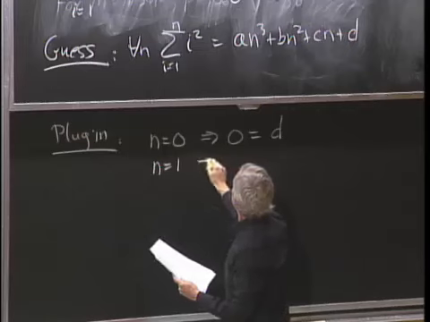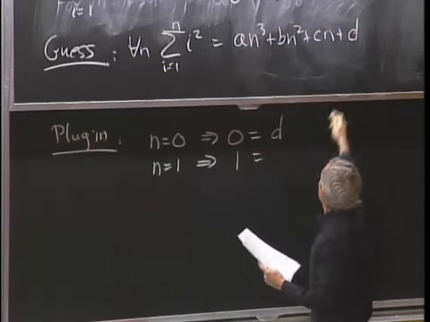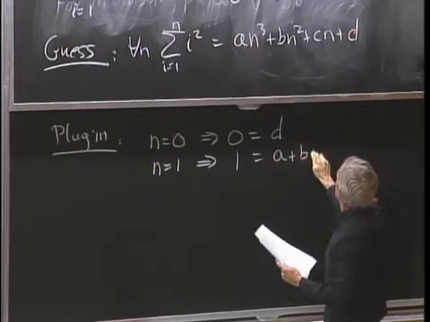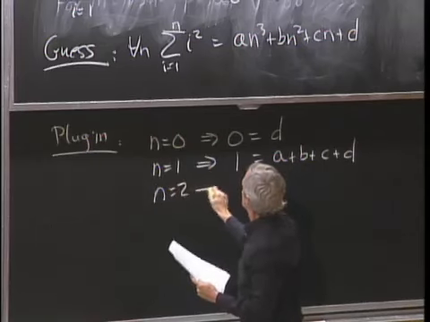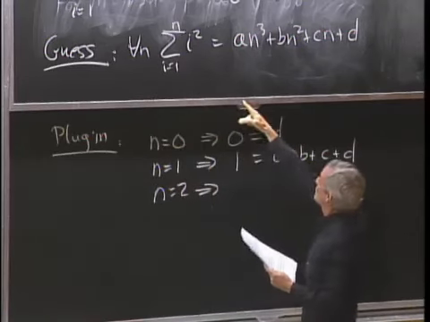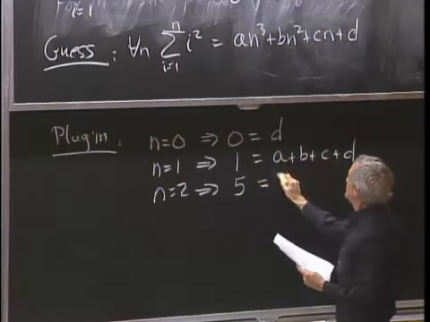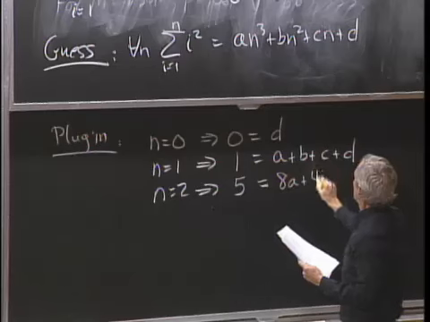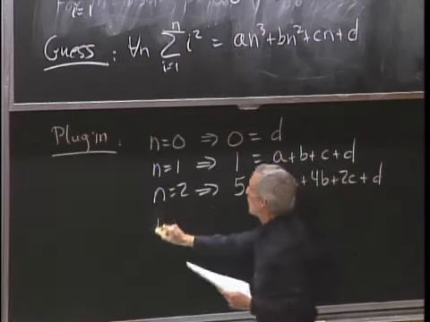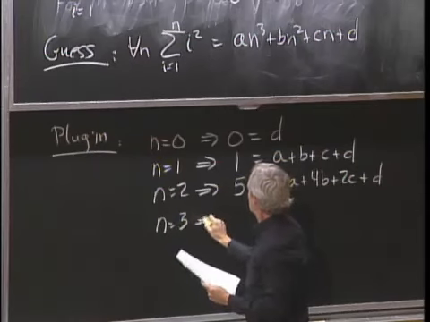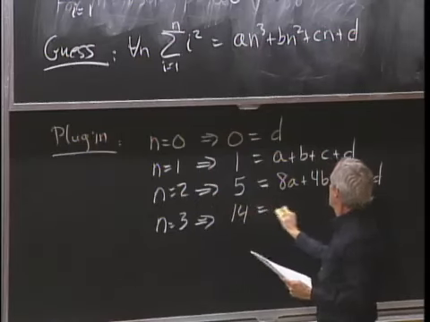n equals 1, the sum is 1. And when you plug into the polynomial, you get a plus b plus c plus d. n equals 2. Well, that's 1 plus 4 is 5. 2 cubed is 8, so you'd have 8a plus 4b plus 2c plus d. And you'll need one more since you got 4 variables. Let's see, 1 plus 4 plus 9 is 14.